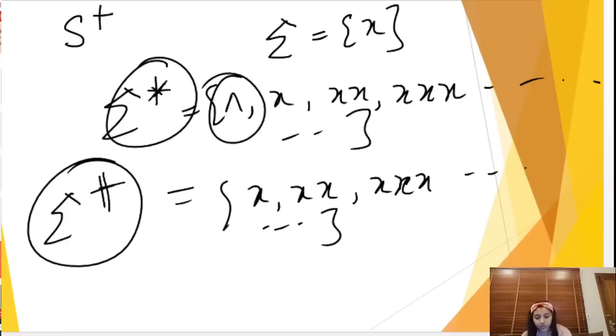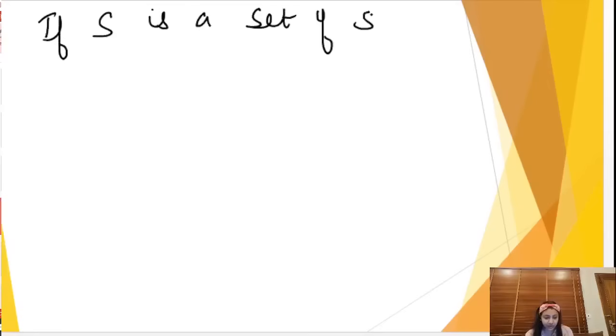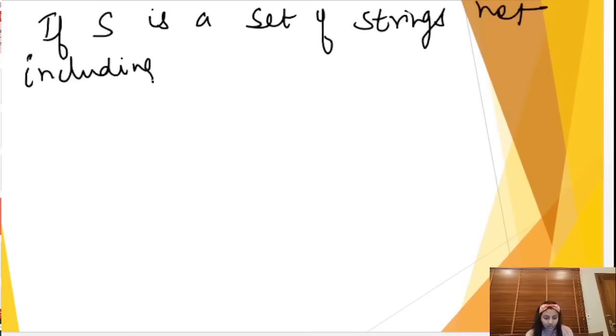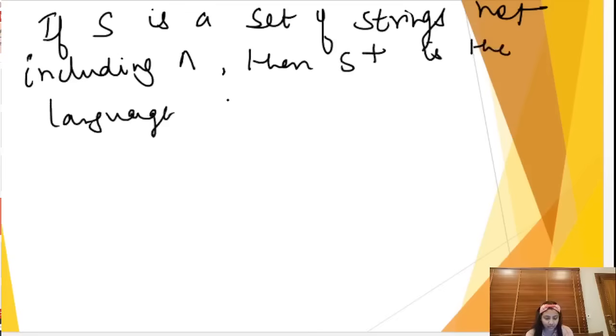From this we come to another important conclusion: if S is a set of strings not including lambda, then S plus is the language S star but without the word lambda.